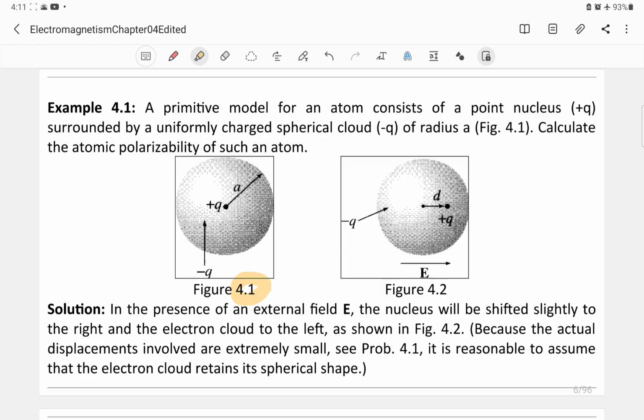just one atom. So in the presence of an external electric field, the nucleus will be shifted slightly to the right. In this case, the electric field is going this way, and so your positive charges will move here.